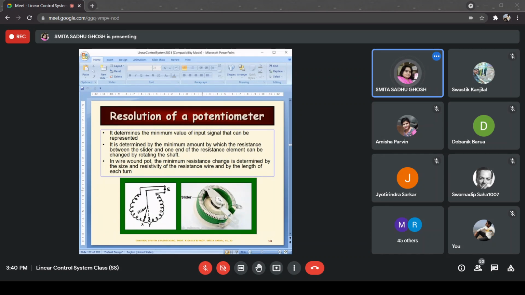Because if there is a loose contact, with no contact over here for some portion, we are not going to get any output at all. So we want this to be pushed against the circular element, making a very good contact with it. But in the process, what will happen if I want this to make good contact with the circular element?